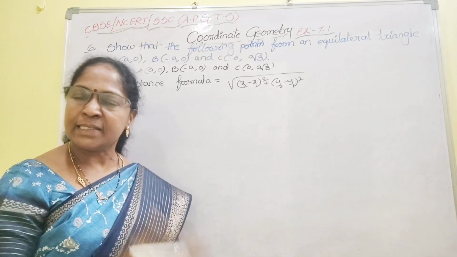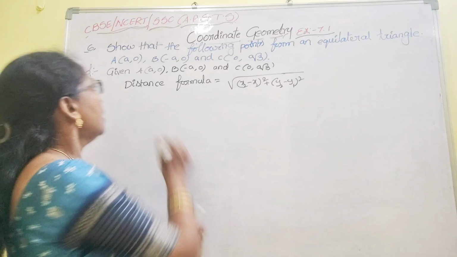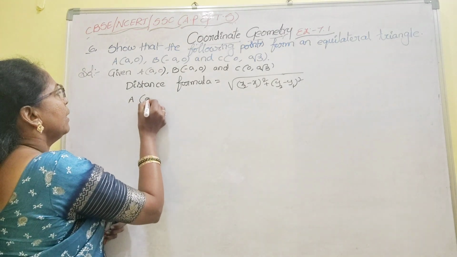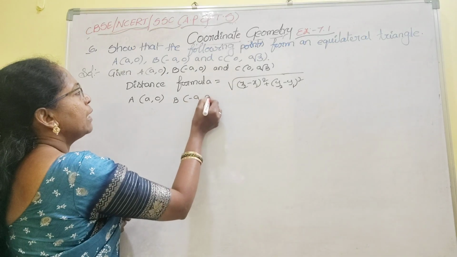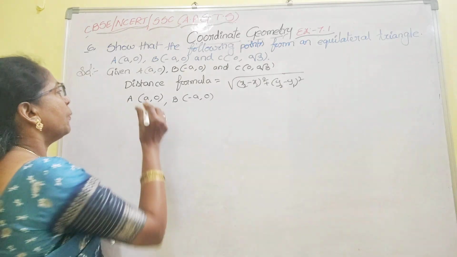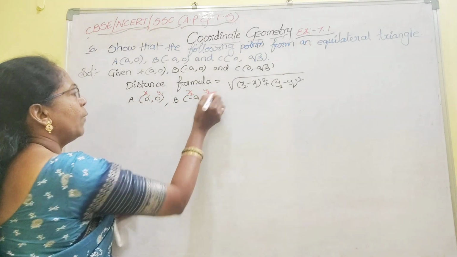If 3 sides are equal, then you can say that it is an equilateral triangle. So using the distance formula, first consider A points are (a, 0) and B points are (-a, 0). Now you have to assume that these points are x1, y1, x2, y2.